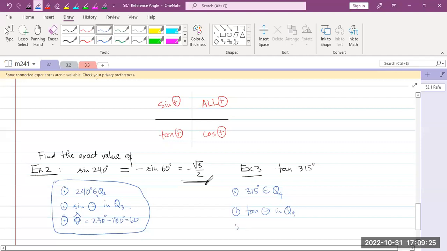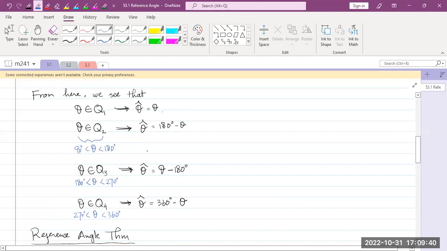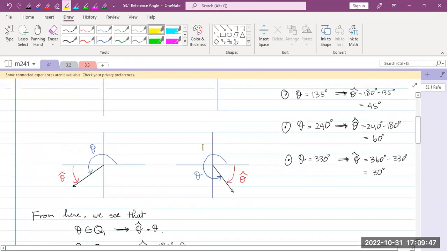Now how about the reference angle? In quadrant 4, that's 360 degrees minus 315 degrees. That's 45 degrees. Okay, we basically do this one here. If it is in quadrant 4, you use this to find the reference angle. Okay, we use this picture.